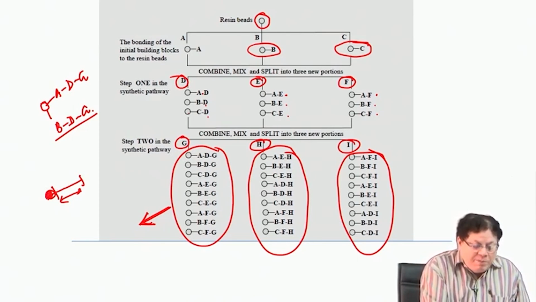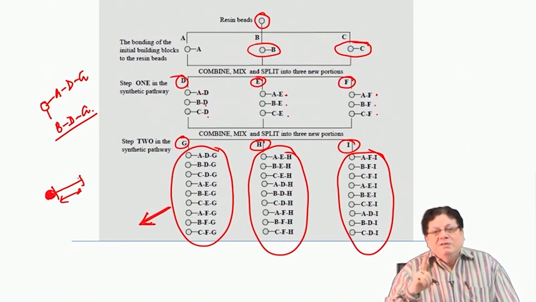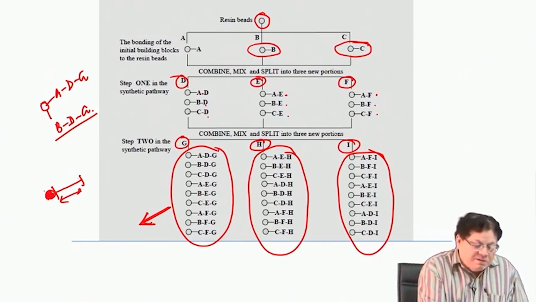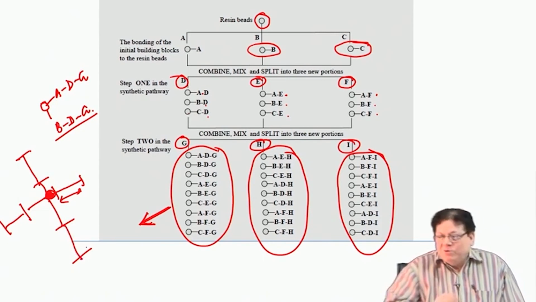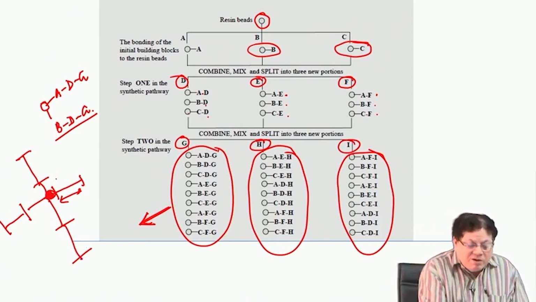Remember, one bead does not have only one valency, it is a polyvalent bead. That means from one bead you can get several molecules of this, but all are the same compound. If it is ADG, although I do not know when I take the bead, all are ADG here.